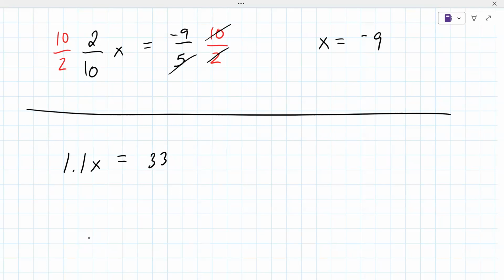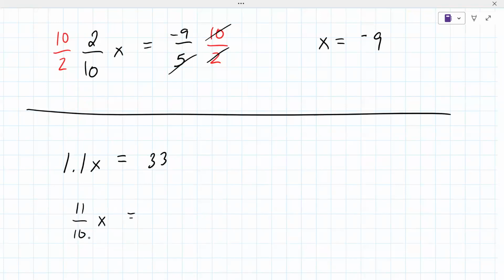Does that equal 10? X equals 10? So yeah, this is 11 over 10, right?